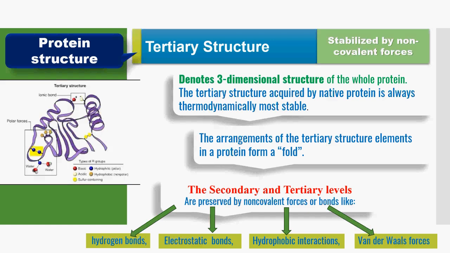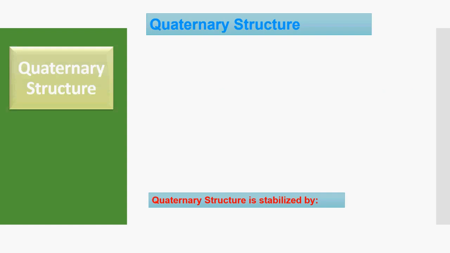So the majority of the bonds here, whether hydrogen bonds, electrostatic ionic bonds, hydrophobic interactions, or van der Waals forces, are between the R side chain of an amino acid in one of these groups and the R side chain of the other group, and so on. So these are mainly about the nature of the R side chain, which can make this three-dimensional structure.